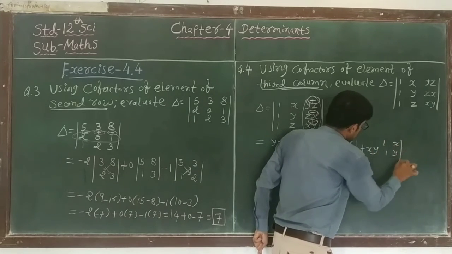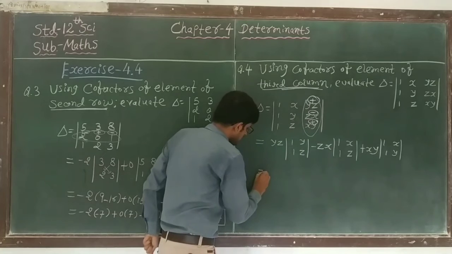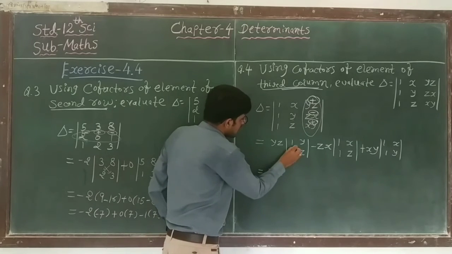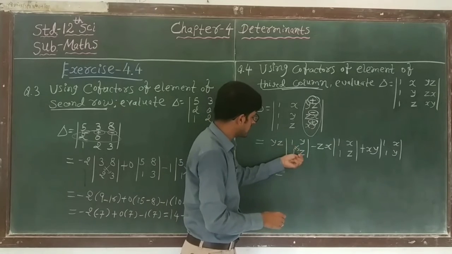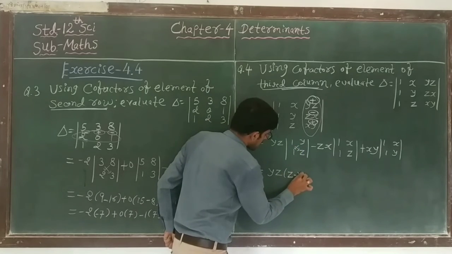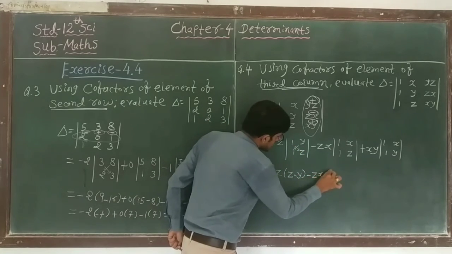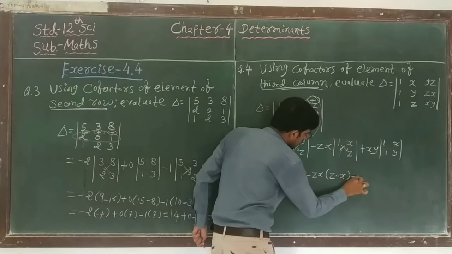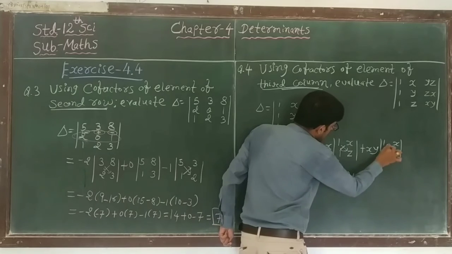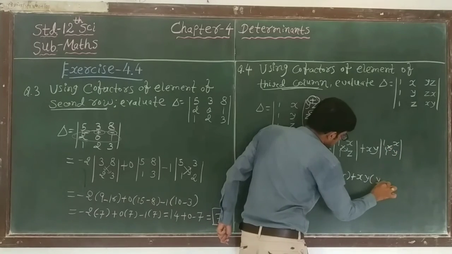Now we have to solve this determinant. So yz times z minus y, minus zx times z minus x, plus xy times y minus x.